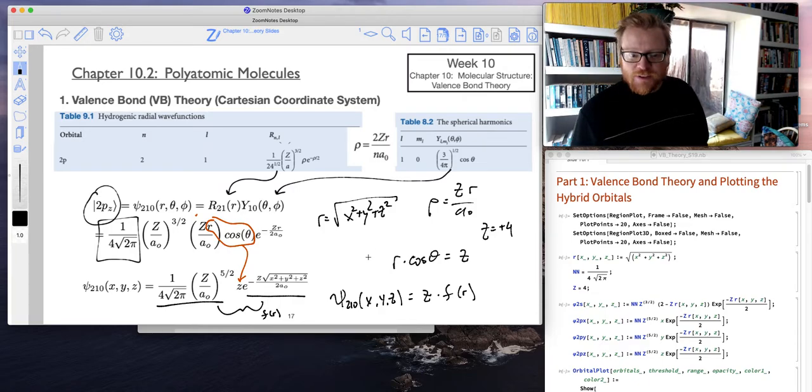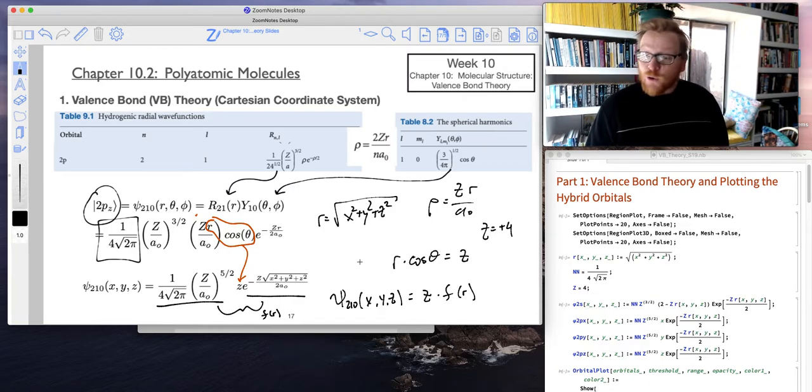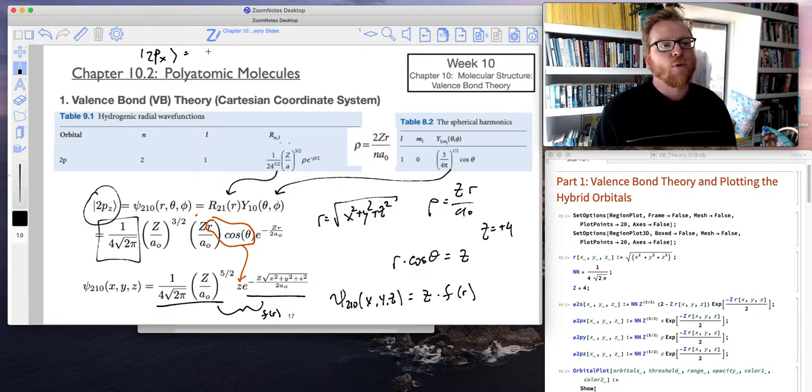And as it turns out, no crazy superpositions or anything like this is required, because I didn't go through the full proof, but we could show those superpositions we went through last time, which was, for example, for the 2px, if you recall, that was 1 over root 2 times the p plus wave function, plus the p minus wave function.